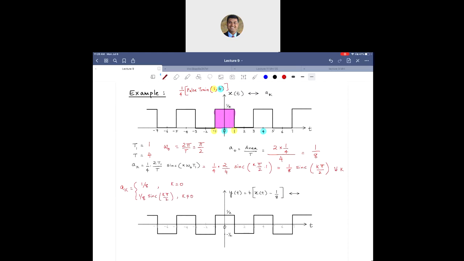I'm writing this separately as cases k equals 0 and k not equal to 0 because there is a vertical shift involved and only the A sub 0 will get impacted because of that.